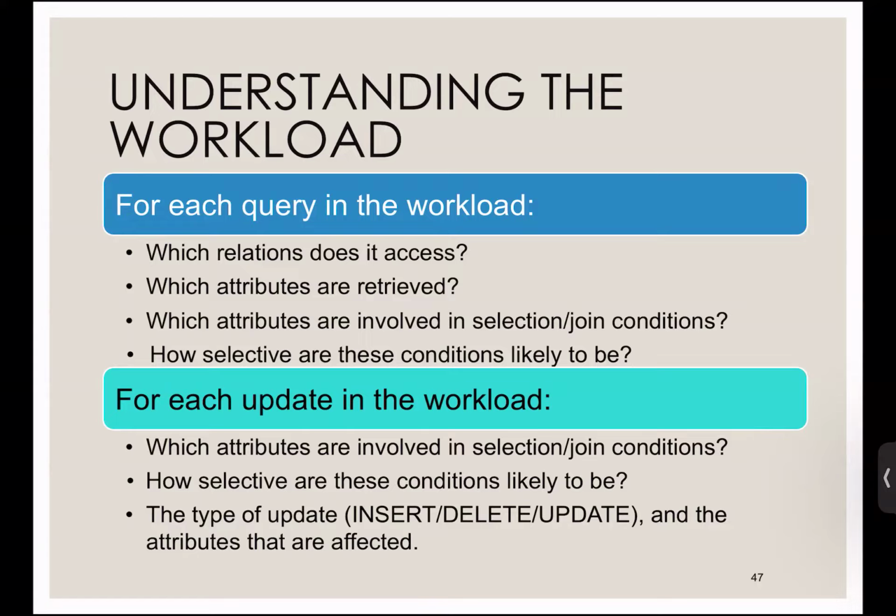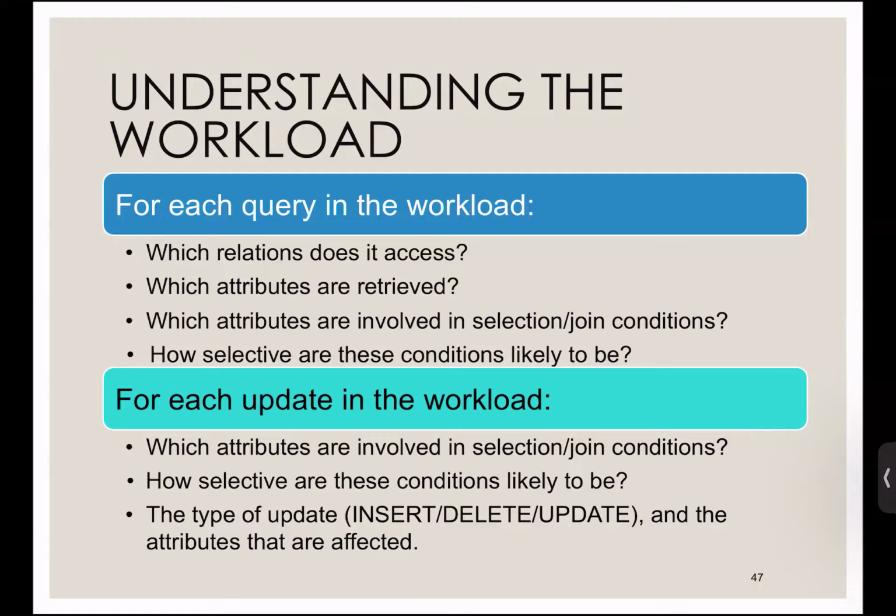Okay, so to be able to pick the right ones, you have to understand the workload properly: which relations we're talking about, which attributes are in the queries. Is it in the where clause of the select-from-where, which one actually matters? What are the attributes involved in the join and selection?